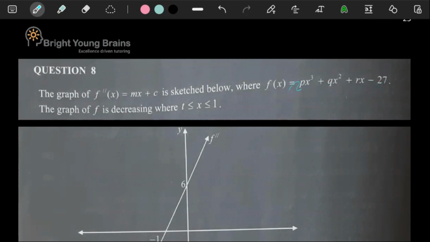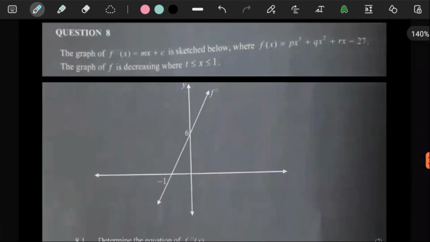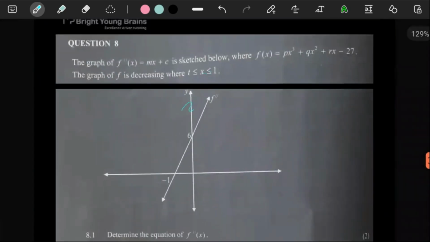So we know that you start as a cubic function; if you differentiate it, you get a parabola; if you differentiate that, you get a straight line. They said here the graph of f is decreasing where x is between t and 1. So this is quite an interesting question.